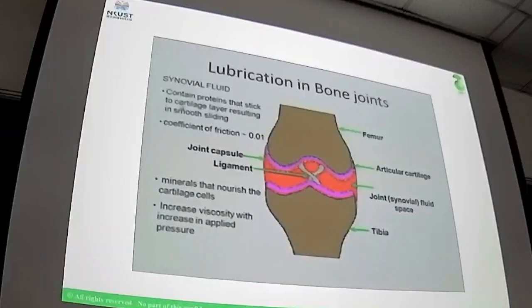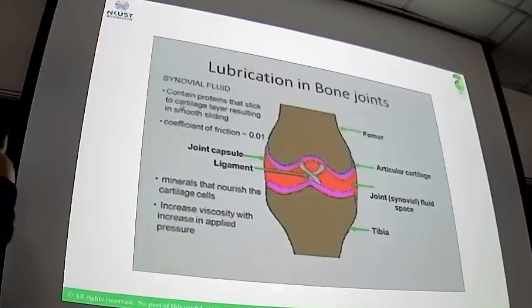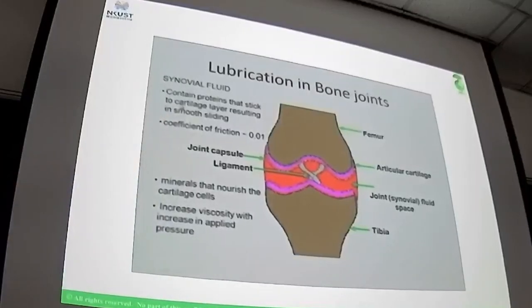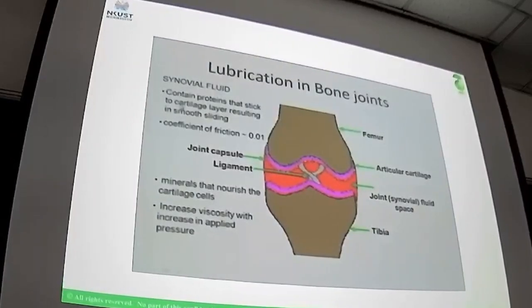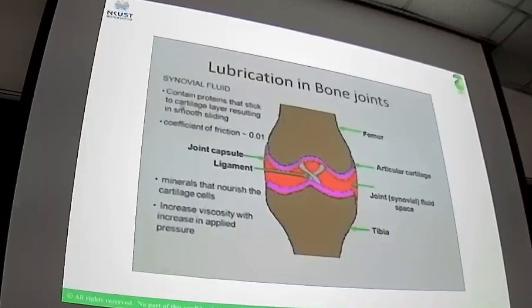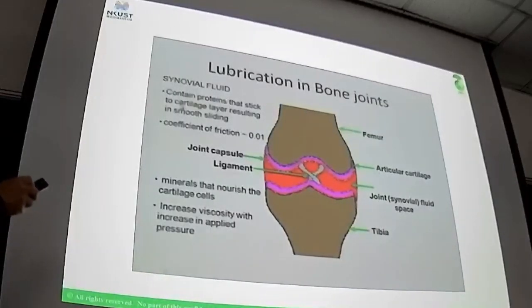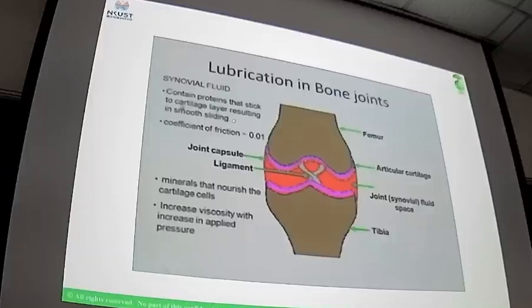Okay, the lubricant will contain some proteins, protein 蛋白质, that stick to the cartilage layer, resulting in smooth sliding.